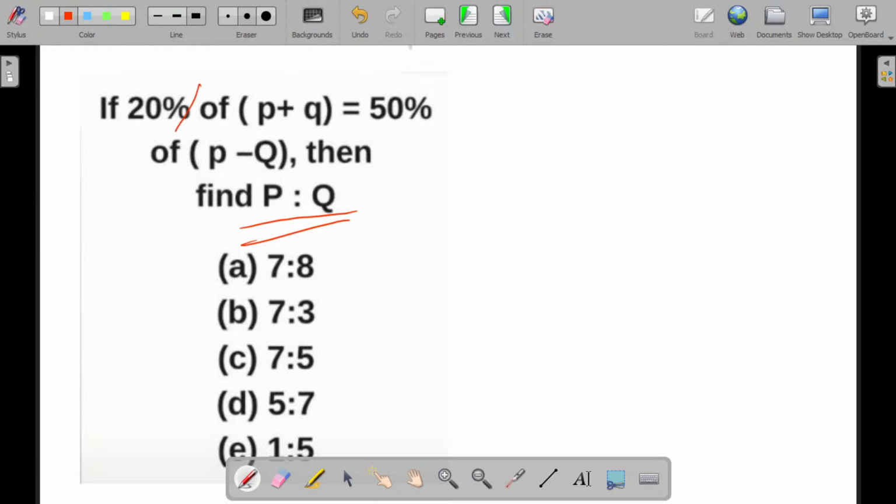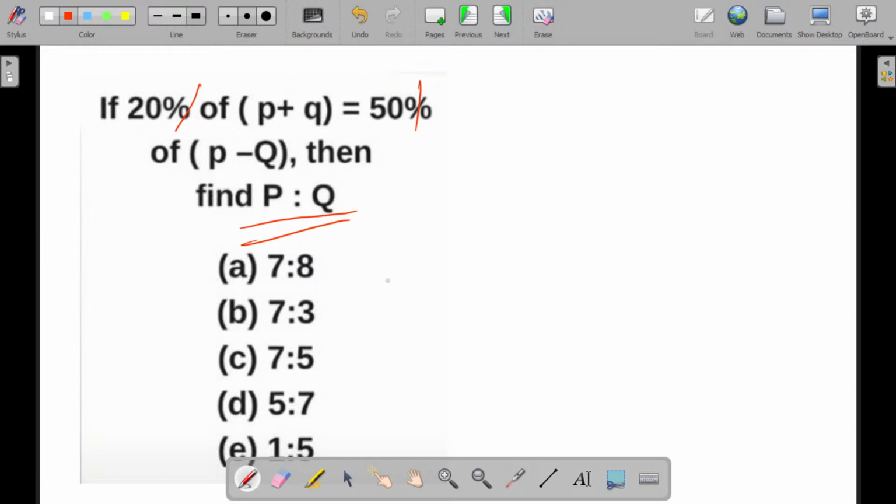So here the percentage will cancel. 20 of P plus Q equal to 50 of P minus Q. Then what is the ratio? Okay, Sejal has mentioned B. Firzade, Rajwani, Anish: 7 is to 3.